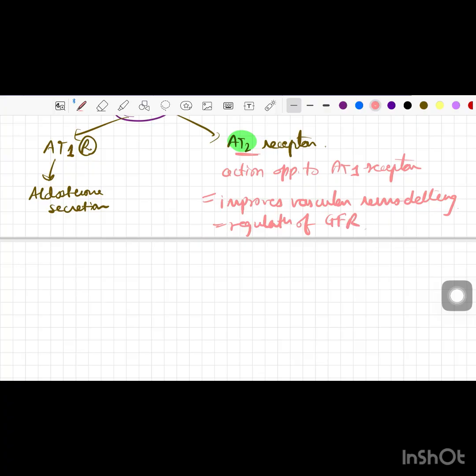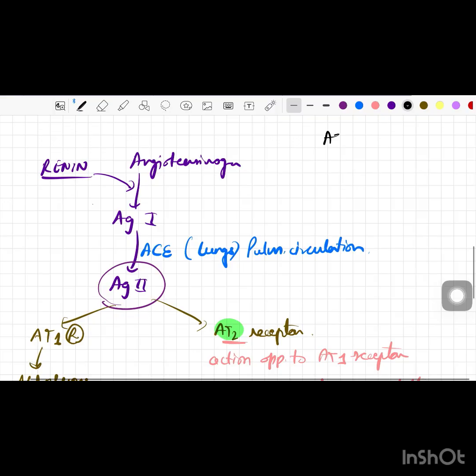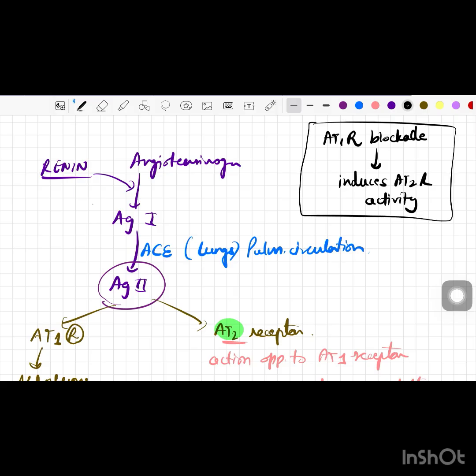And whenever we block the angiotensin 1 receptor, it causes induction of angiotensin 2 receptor activity. So they act opposite to each other.